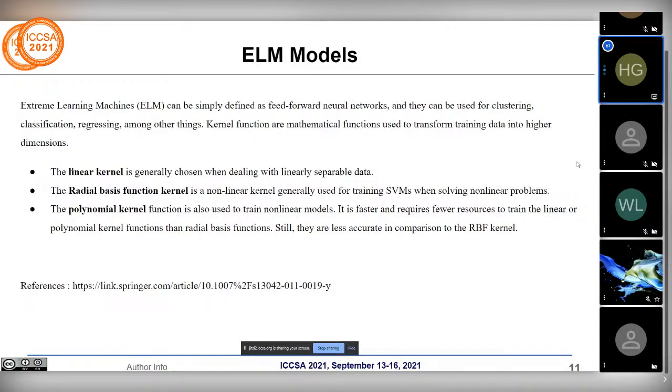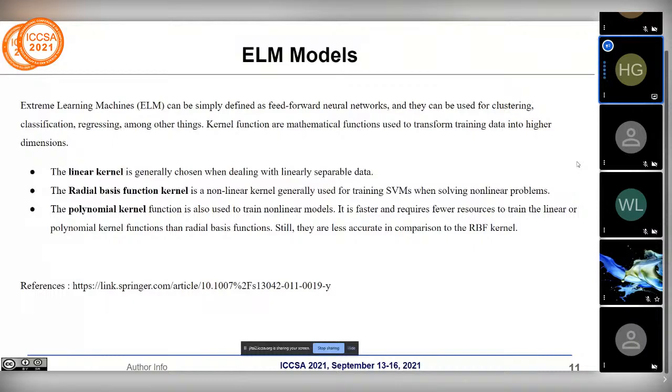So by linear relation, I mean y is equal to w1 x1 + w2 x2 + w3 x3, something like that. So each of the input variables should not have a polynomial power. Their power should be one. The polynomial kernel is used for training non-linear models. It is faster and requires fewer resources, but in theory, it is less accurate than the RBF kernel.